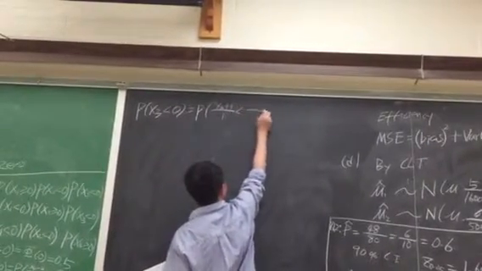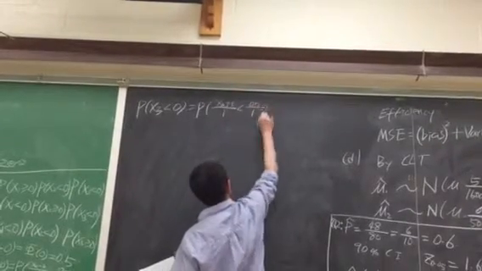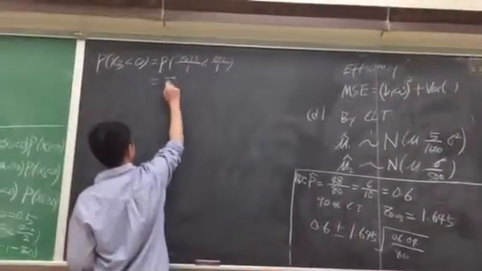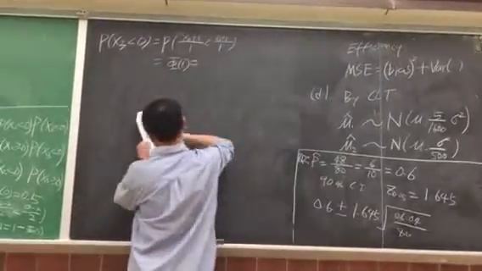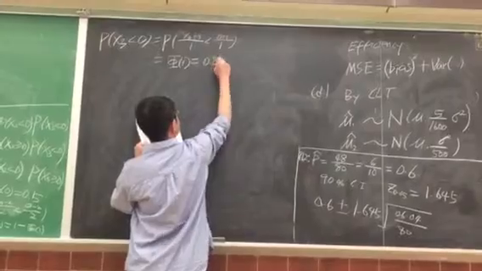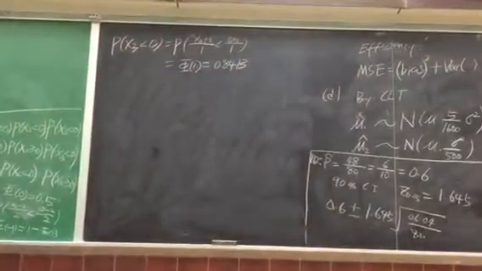Smaller than 0 plus 1 divided by 1. And this is just phi 1. And this is just 0.8413. Okay.